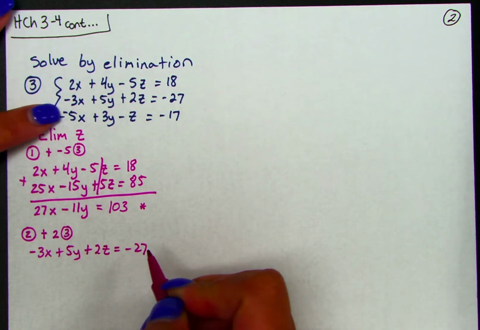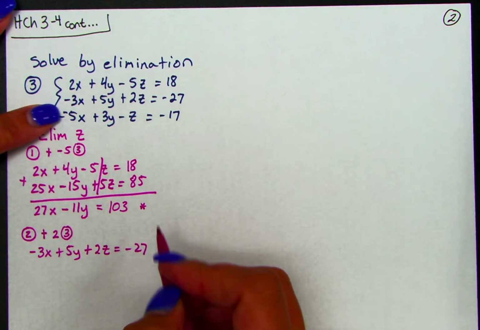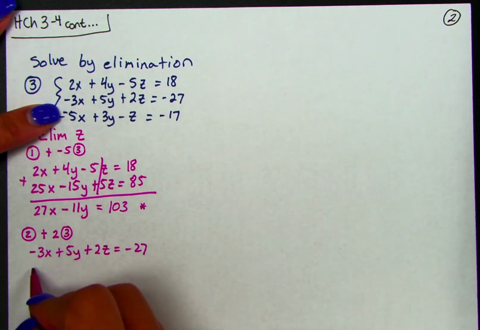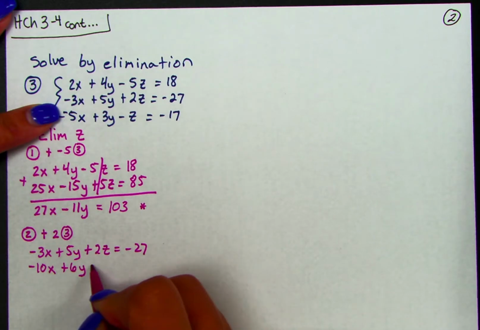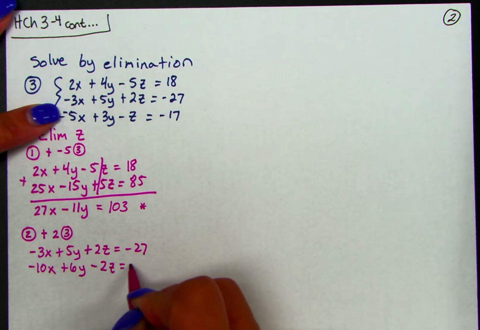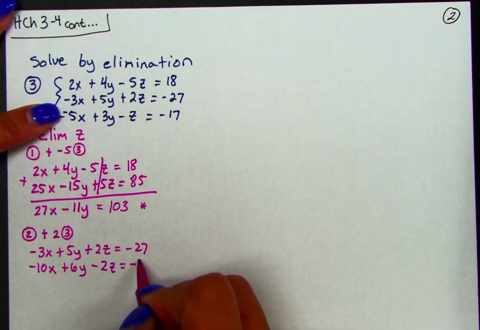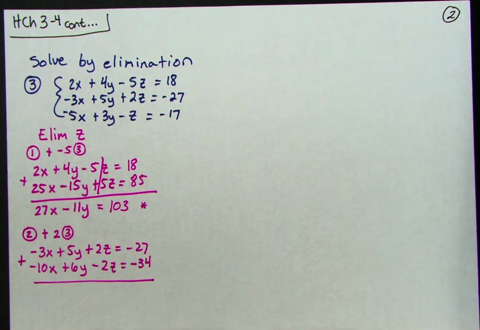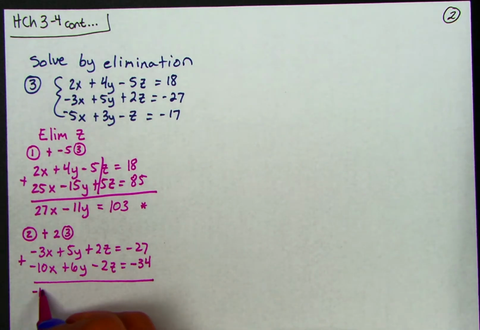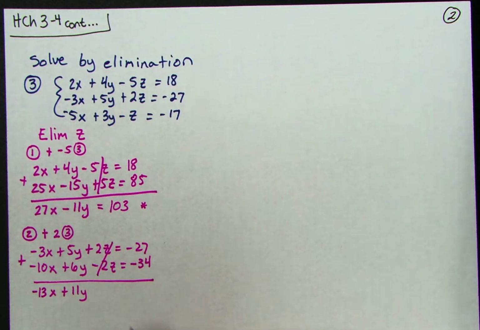Okay. And then now I'm taking that third equation times 2. So that will be negative 10x plus 6y minus 2z equals negative 34. Okay. All right, so adding, this will give me negative 13x plus 11y. My z's cancel, and then this will be negative 61.